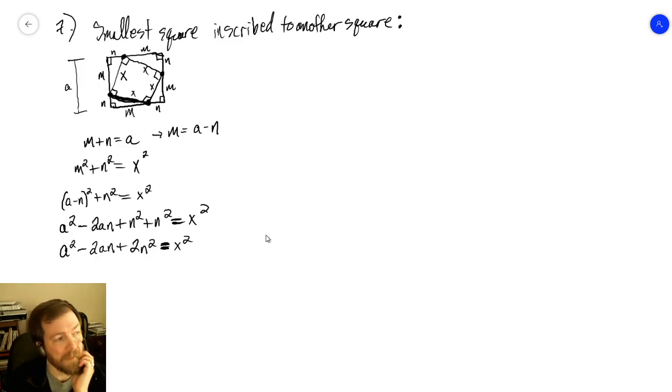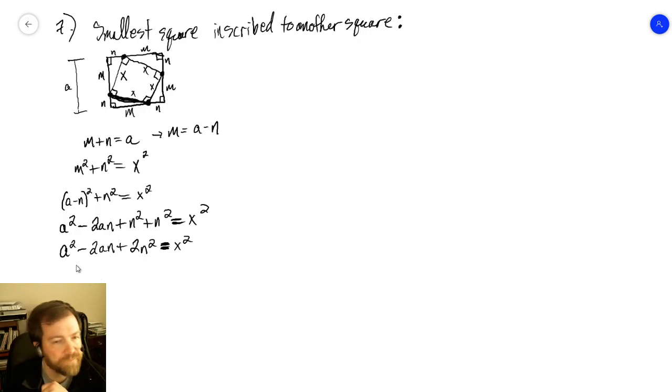All right. At this point, we could try to derive. M and n are based on each other, so we could base it on how big x is. A is a constant, so that's going to get wiped out. A here is a constant, so it's just going to hang around with the 2.